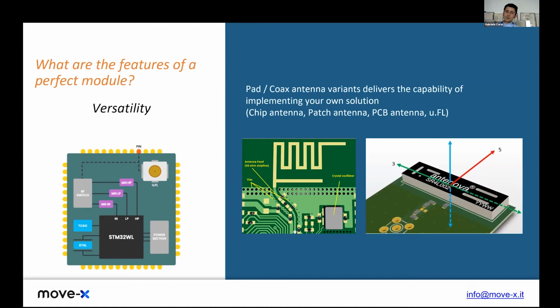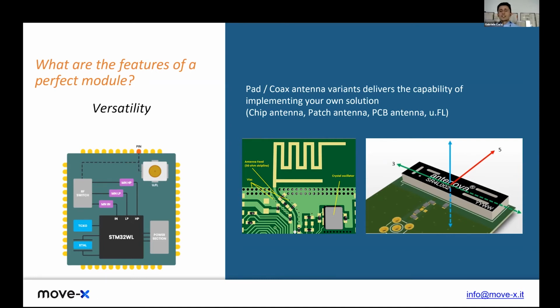The module comes with two variants. One is the 00 and the other is the 01. So these are two variants which are different for the antenna output. The 00 version goes with the micro FL connector, so the coaxial connector.